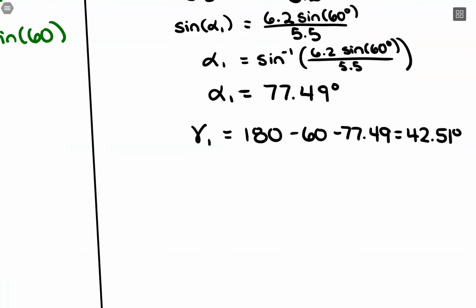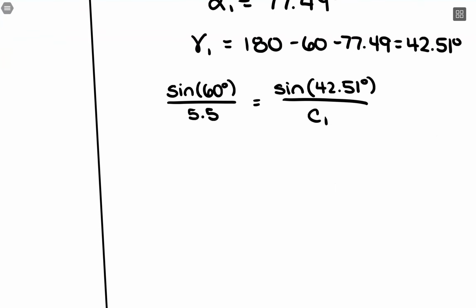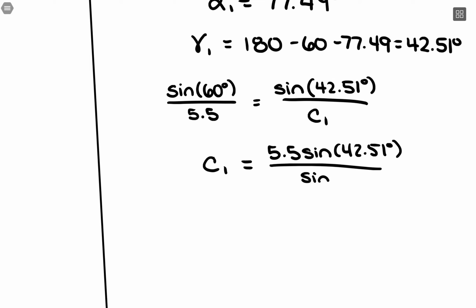So sine of 60 degrees over 5.5 is equal to sine of gamma, which was 42.51, over C. And then we just solve for C, so cross multiply, then divide, so that'll be 5.5 times sine of 42.51 over sine of 60 degrees.